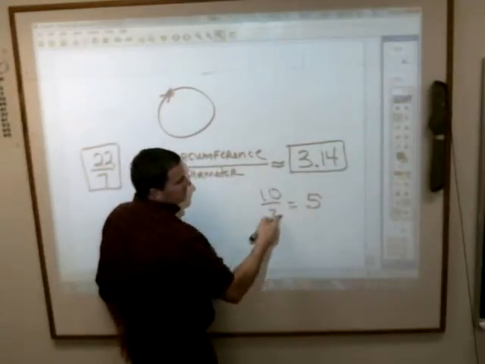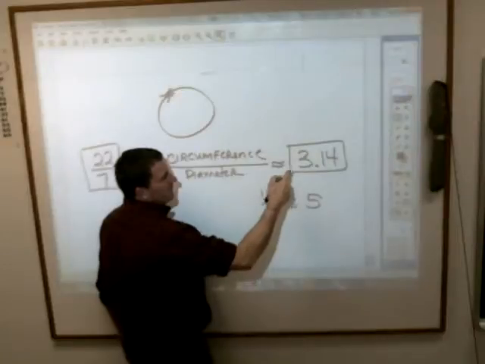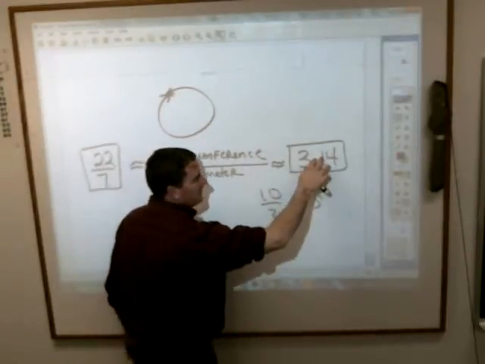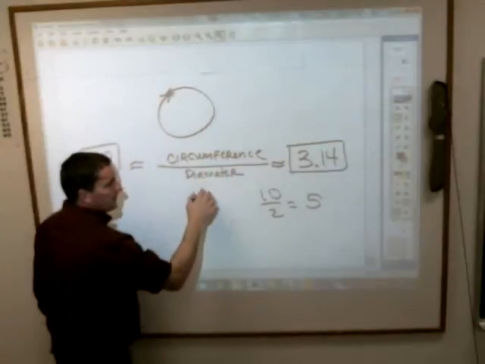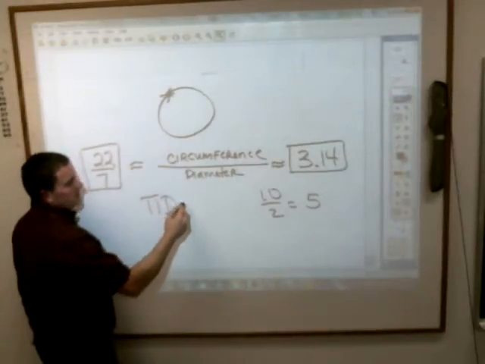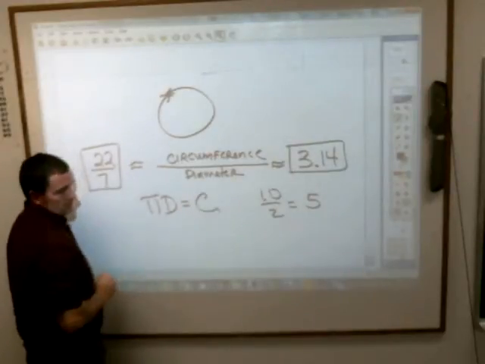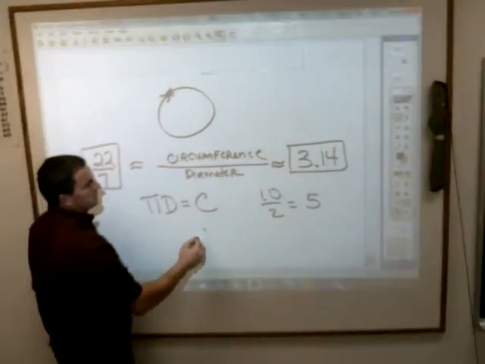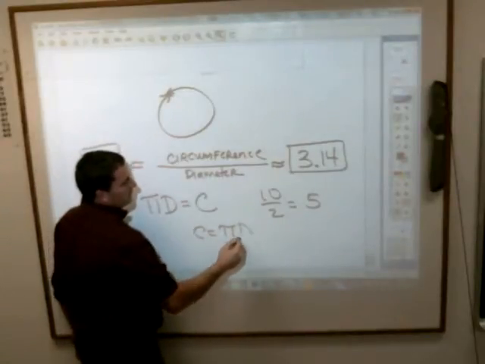I can take these 2 times themselves and give me that, so that's where the formula for circumference comes from, because if I take pi and multiply it by diameter, I get circumference. So that's where this formula that we use, circumference equals pi times diameter, comes from.